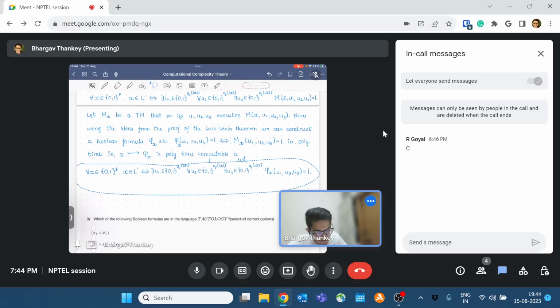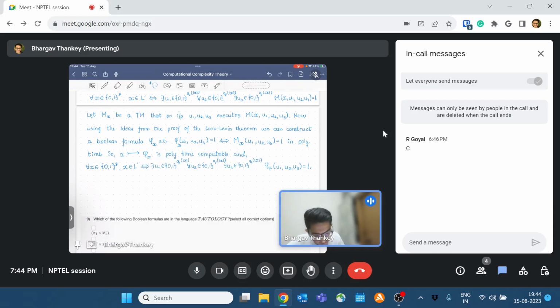That is exactly what we mean by polynomial time reduction: there exists a polytime computable function so that this double implication holds.